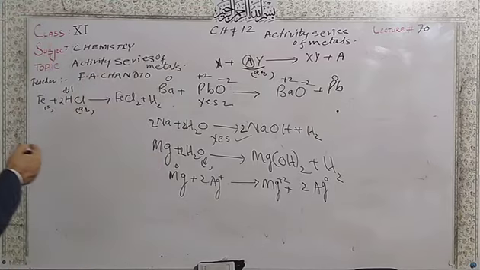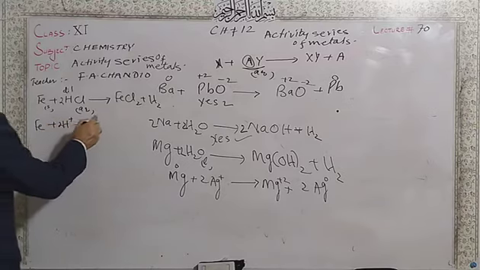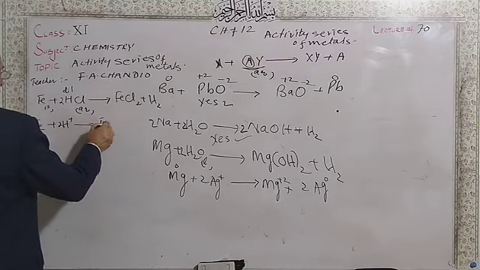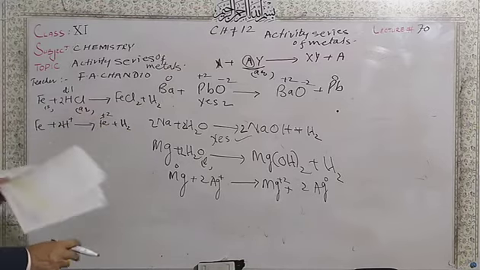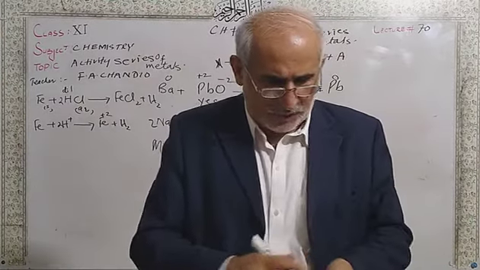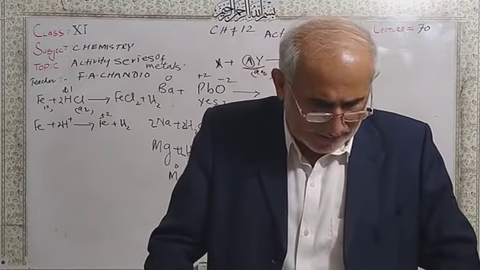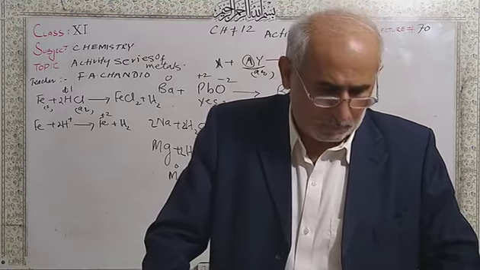So does this chemical reaction happen or not? Means, can iron reduce hydrogen or not? If you see the activity series of common metals, iron is present in the second group, metals of intermediate activity.